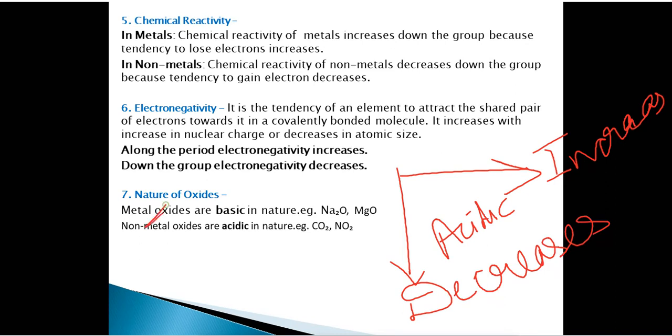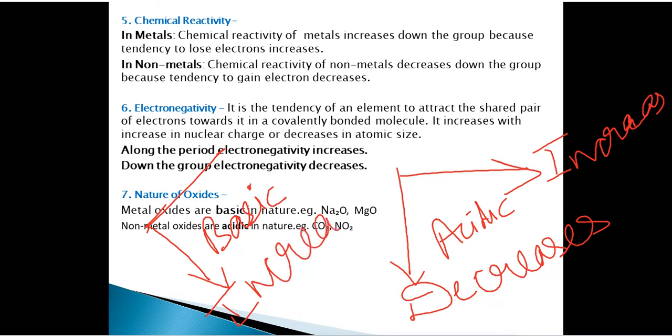If we talk about basic character, so down a group, basic character increases and basic character decreases along a period. Okay, so this was all about the nature of oxides.